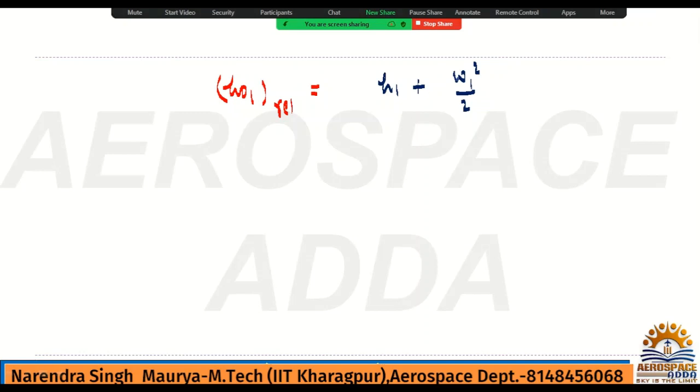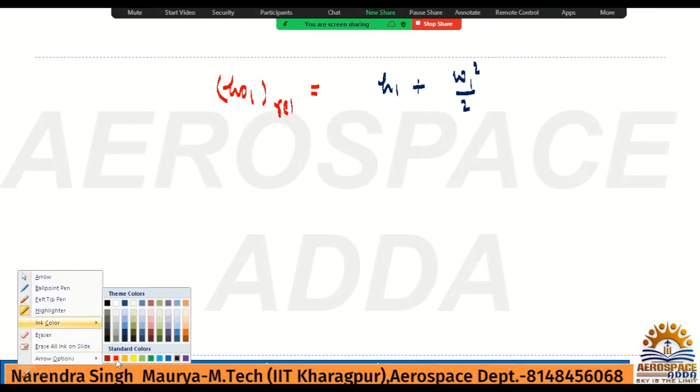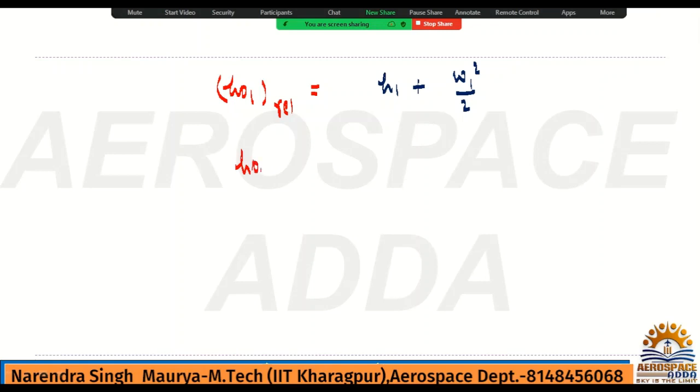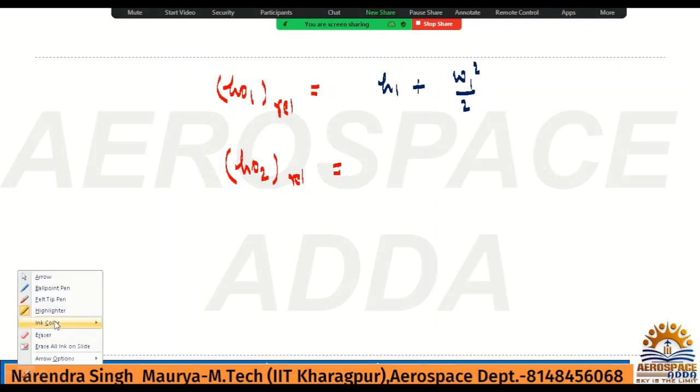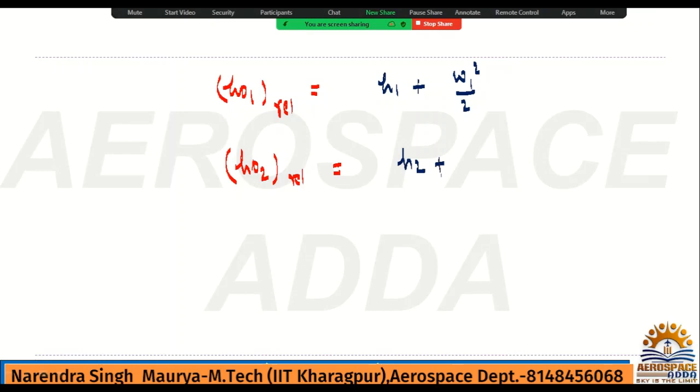In the last class I had explained that W1 and W2 are relative. Similarly, if you write H02 in velocity, I will draw velocity triangles and you will understand. Last class I had drawn it, so I believe you remember. So this is nothing but H2 plus W2 square by 2.